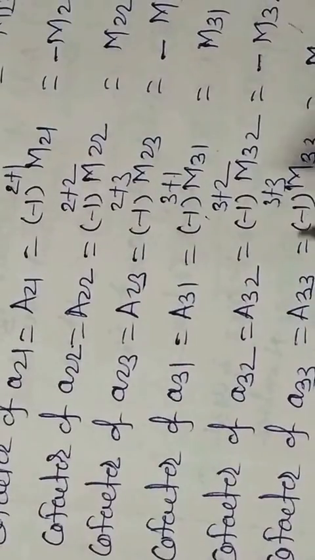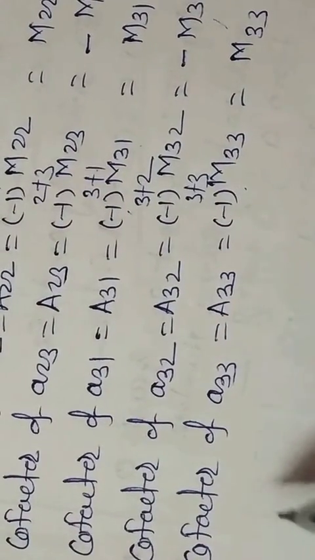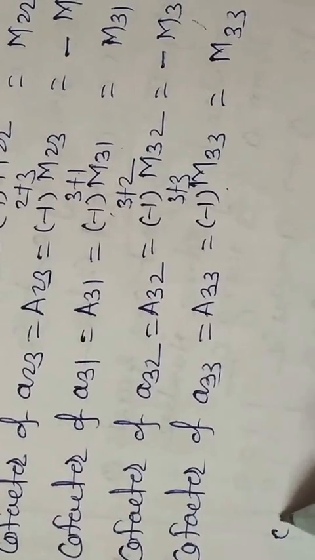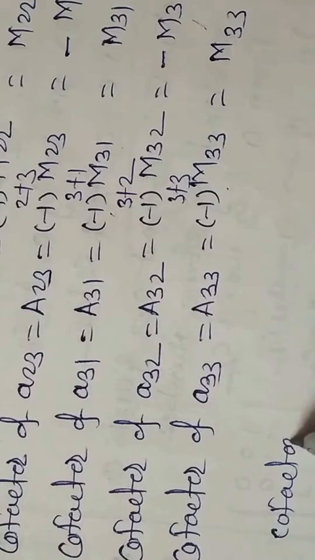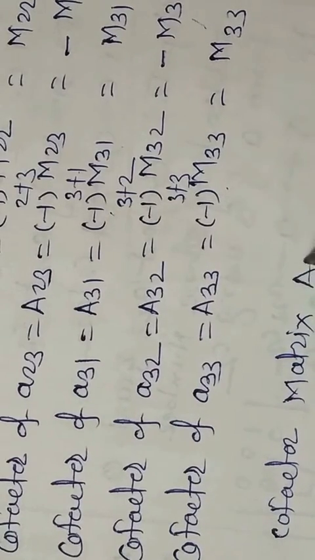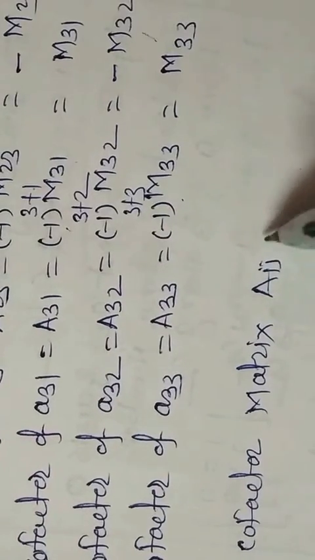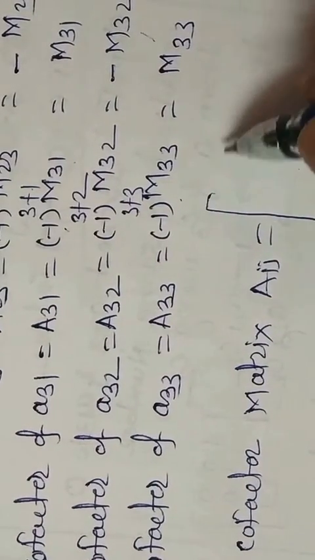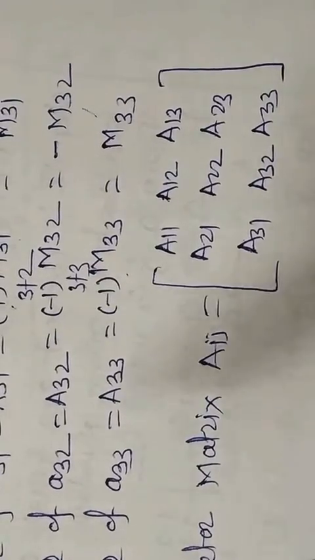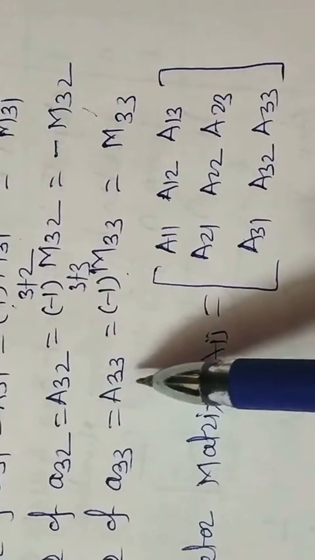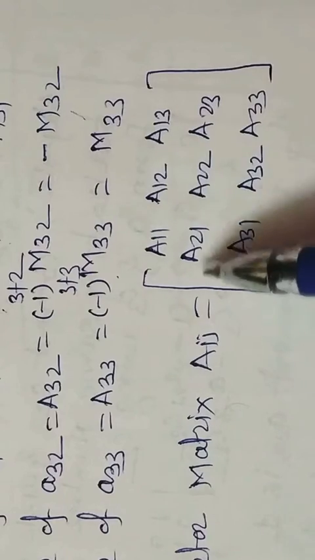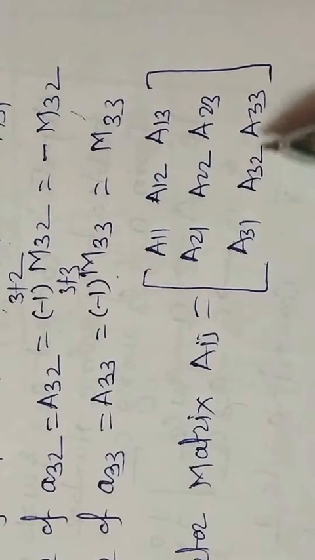Now when you find all these numbers, then you have your cofactor matrix. So the cofactor matrix Aij is equal to the matrix of A11, A12. All these entries A11, A12, A13, A21, A22, A23, A31, A32, A33 we can arrange in this way.